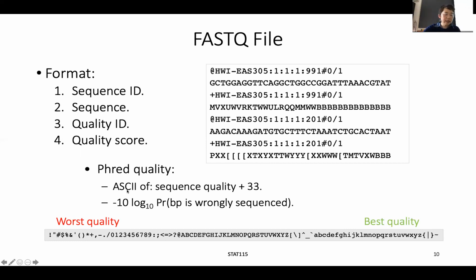And the Phred quality, this ASCII number, roughly represents the negative 10 log 10 of the probability that this base pair is read incorrectly. You know, what's the likelihood that it is wrong? And because we did a minus 10 log 10 of this probability, the bigger the number, the better the quality.